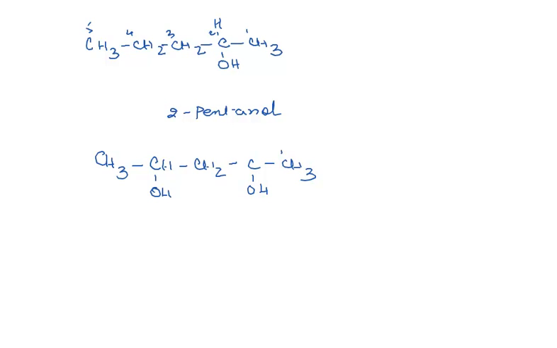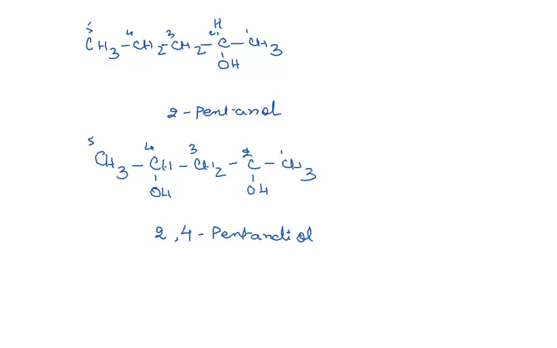So it should be 1, this is 2, 3, 4 and 5. So it should be 2,4-pentanediol. Why diol? Because there are two hydroxyl groups in the chain. So this is your pentanol.